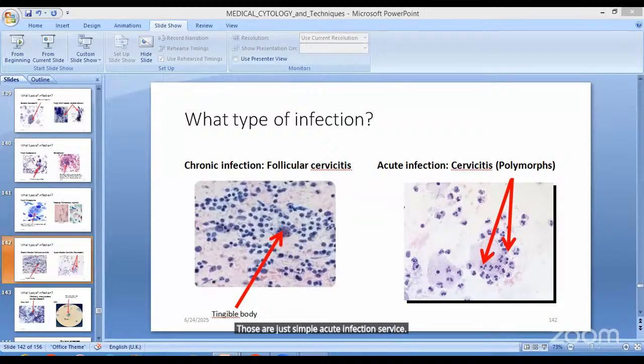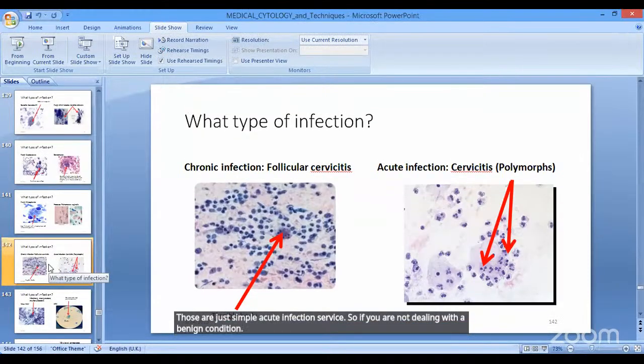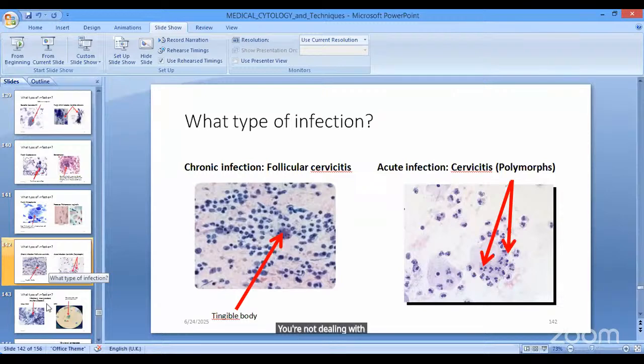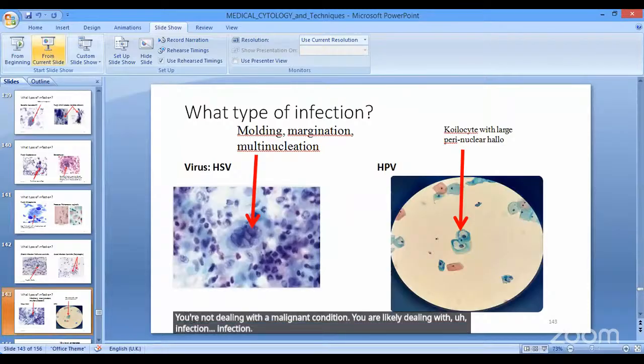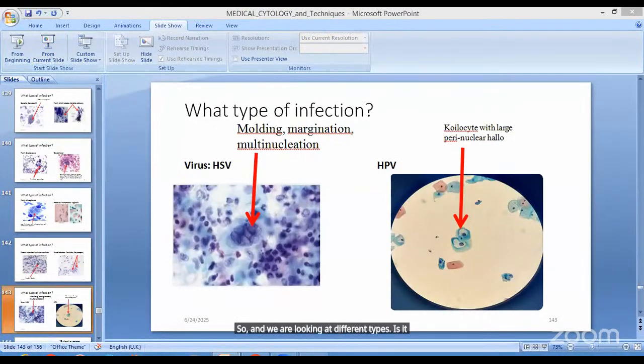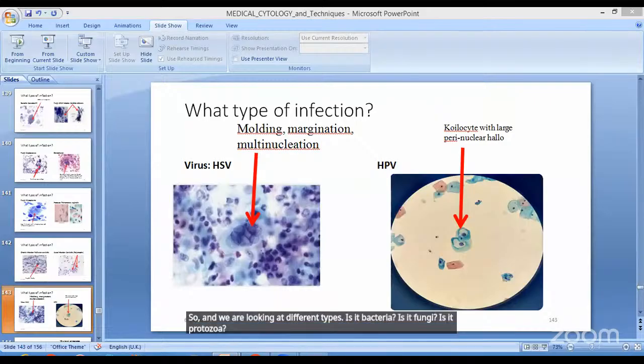So if you are not dealing with a benign condition, you are not dealing with a malignant condition, you are likely dealing with infection. And we are looking at different types. Is it bacteria? Is it fungi? Is it protozoa? Then is it viral?